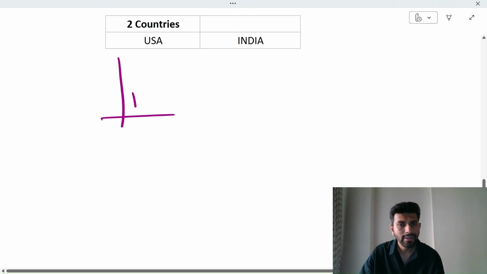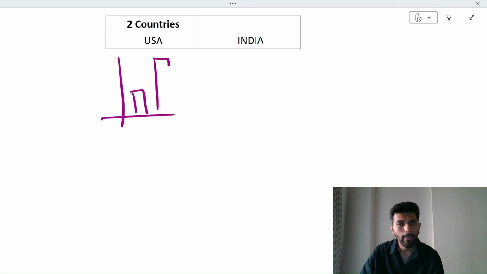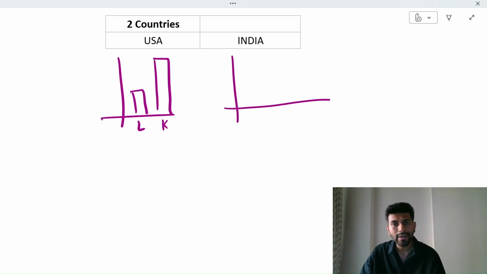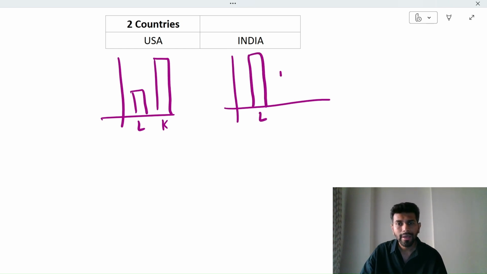In USA, less labor is available and more capital is available. USA is a capital abundant country. India is a labor abundant country. It means India has more labor and less capital.